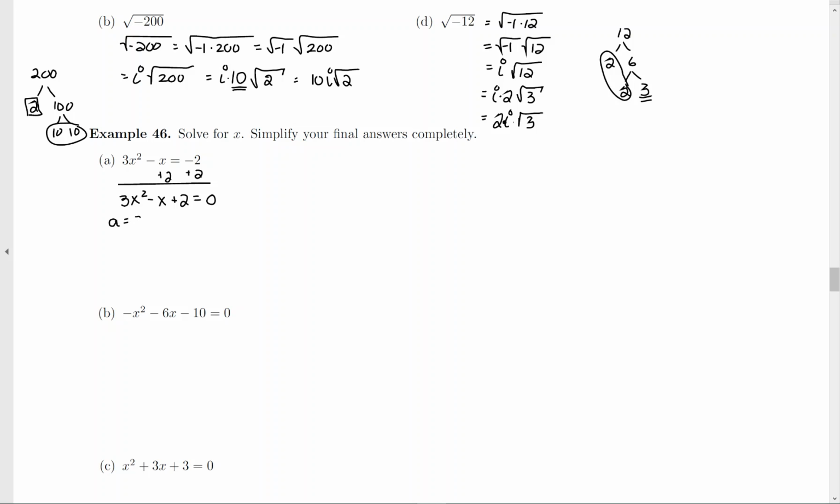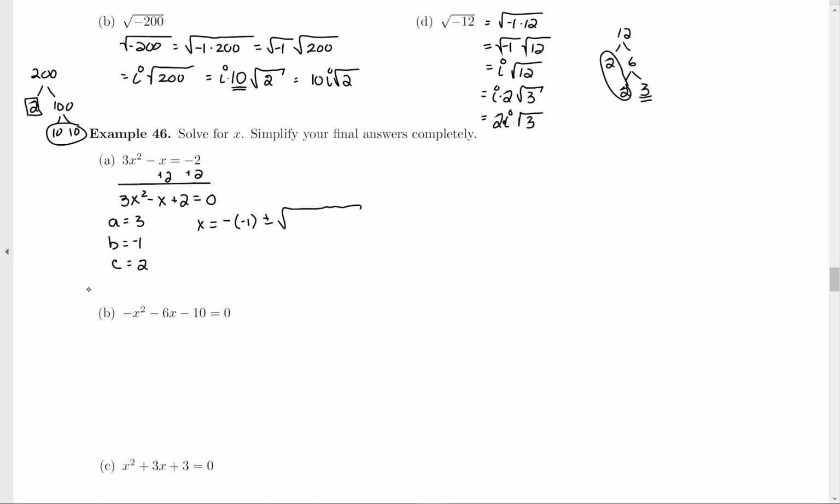Identify a is 3, b is negative 1, c is 2. Then use the quadratic formula. x equals opposite of negative 1, so negative 1, plus or minus the square root of. I like to compute the discriminant off to the side and then just stick it under the radical.